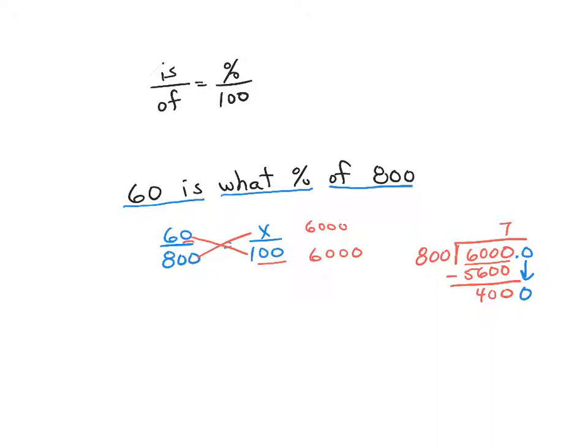Well, it goes in there 5 times. Remember to put your decimal up top. 800 times 5 gives me 4,000. So I have 0 for an answer. So the final answer to this is 7.5%. 60 is 7.5% of 800.